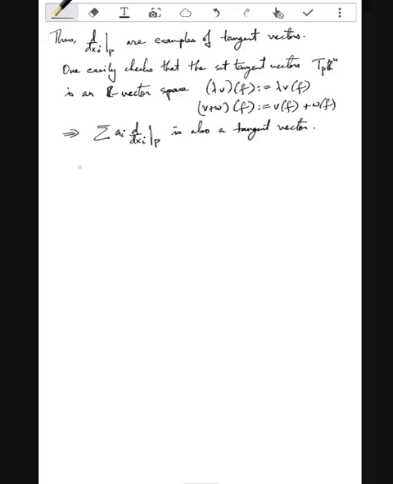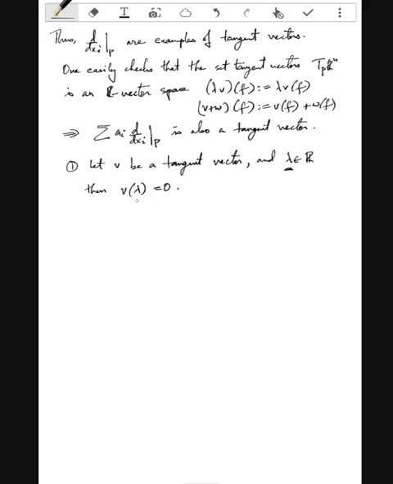Okay, so let us make two observations. One, let V be a tangent vector, and let lambda be in R. So we can view lambda as the constant function. Then V of lambda is equal to 0.